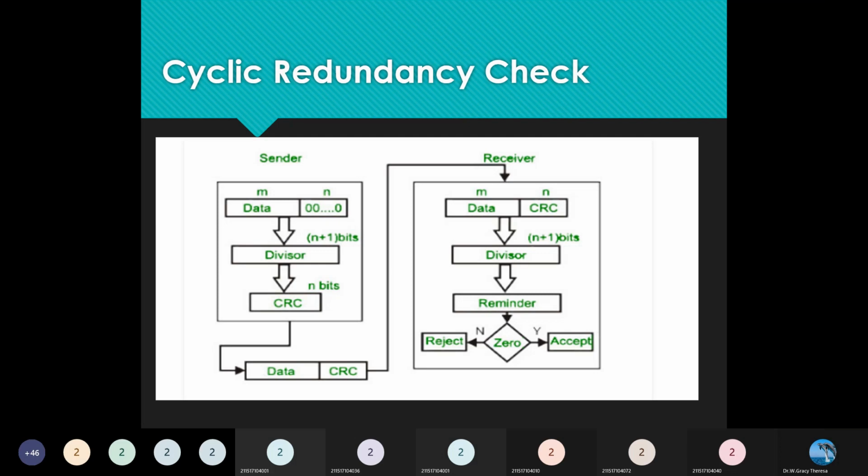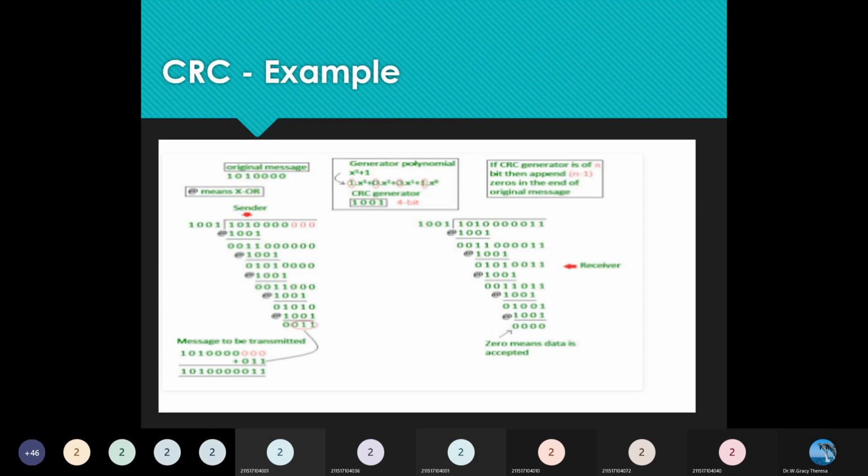What I've explained right now is shown in the form of a CRC diagram. Let me see this with an example, to see what this cyclic redundancy check code is actually doing.